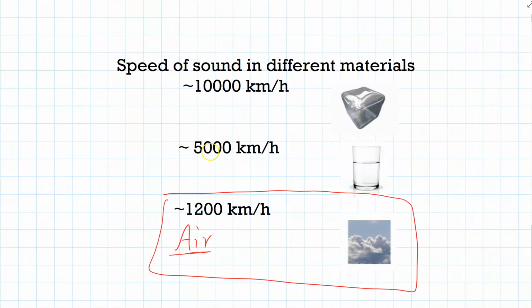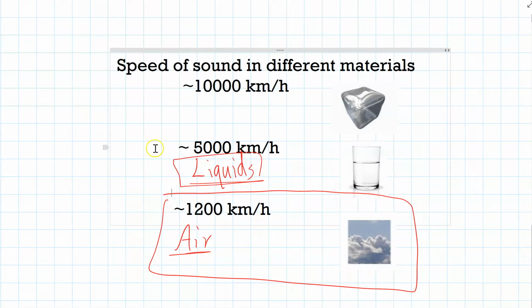So the average speed that sound travels through liquids is about 5,000 kilometers an hour. 4 times faster. Way faster. So if you're underwater in a pool, you can scream out to someone underwater, and if they're underwater, they can hear you a lot more quickly than if you yelled out through the air.